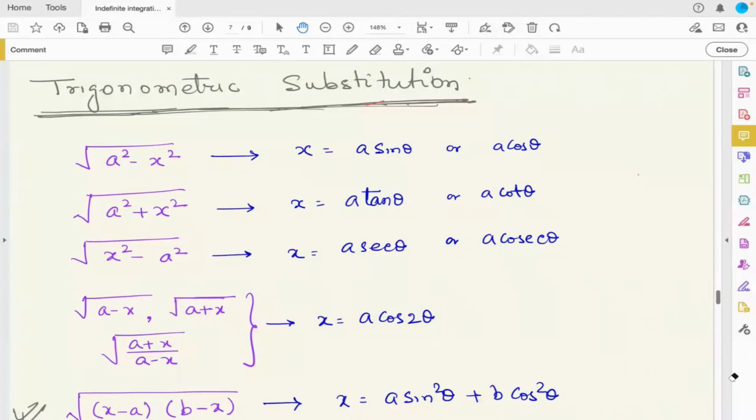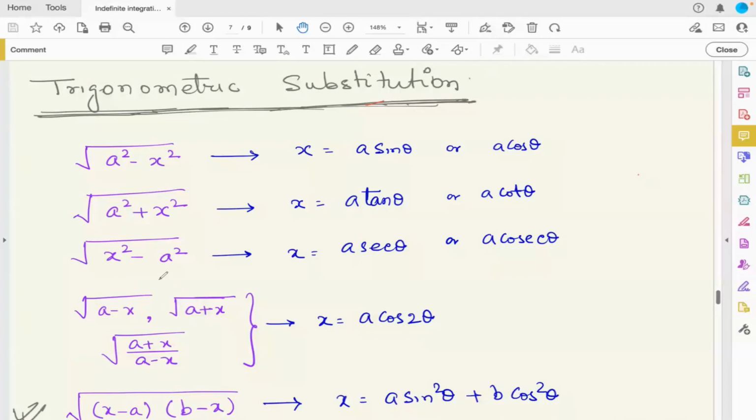So we first take root under a square minus x square, and wherever we have root under a square plus x square, we try to put x equal to a sin theta, a tan theta, a cot theta.